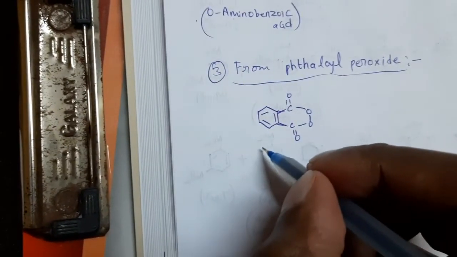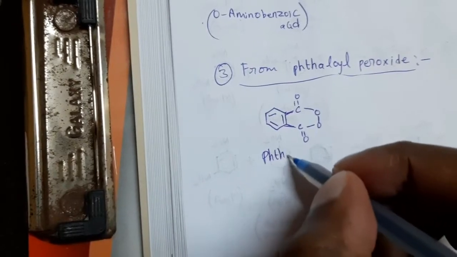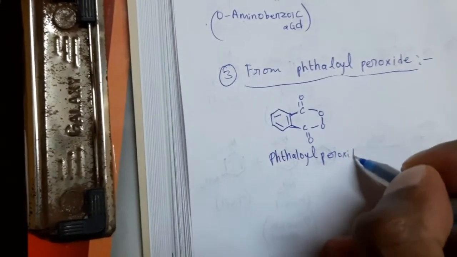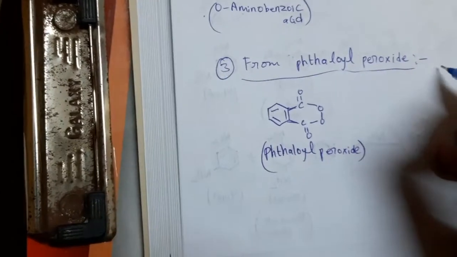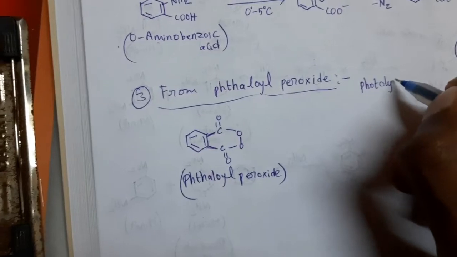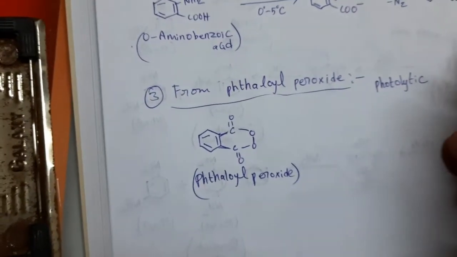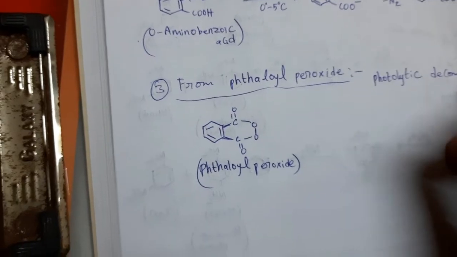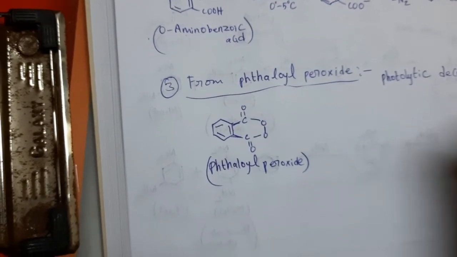This is phthaloyl peroxide. When this compound undergoes photolytic decomposition, then we can get benzyne.